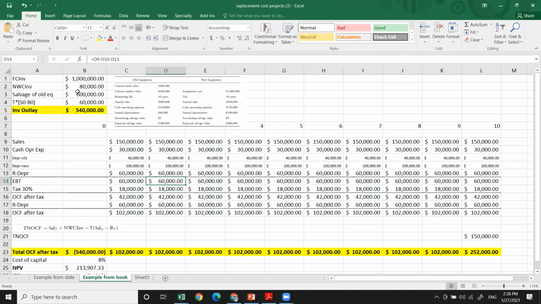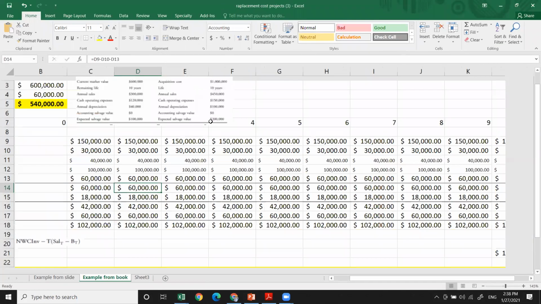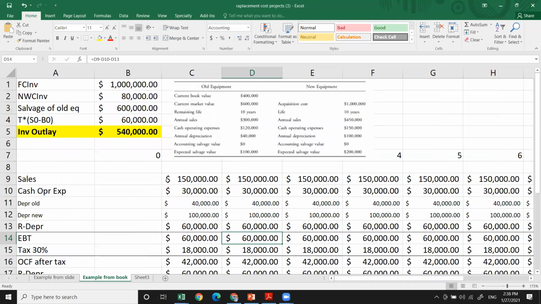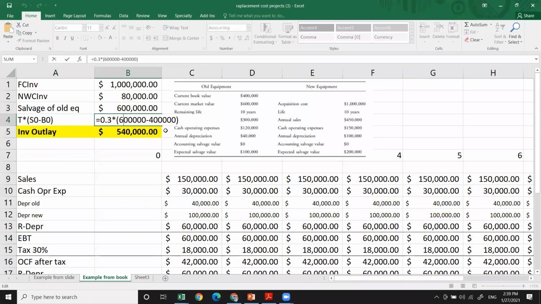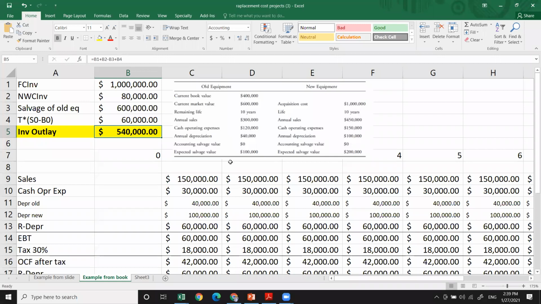For 10 years, here is my initial investment outlay, as we did it. As you can see, the tax rate is this much, and this is how much you paid in tax on the gain. The sales figure is the difference between the old and the new equipment.